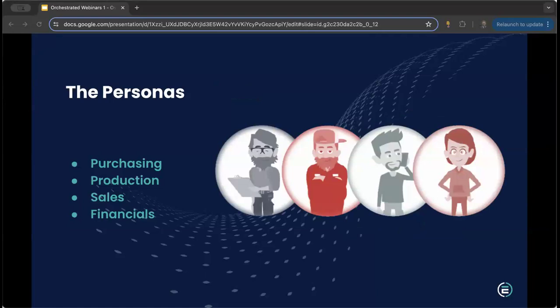Now, ultimately, it's up to each of you to determine who takes care of which process or processes in Orchestrated. However, we've created a helpful guide with our friends here, what we call the personas. I'd like to introduce you to Peter, who handles purchasing, Bruno in production, Sal, the sales rep, and Penny, the accountant.